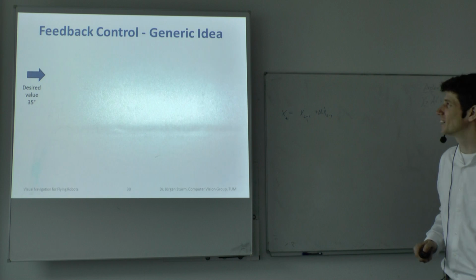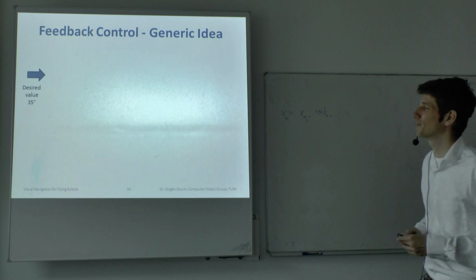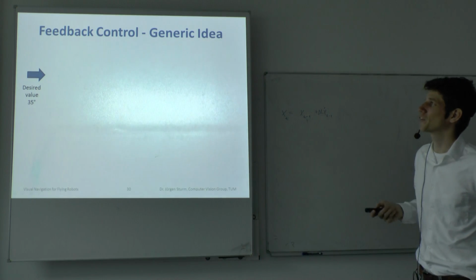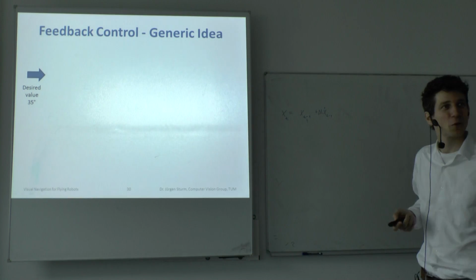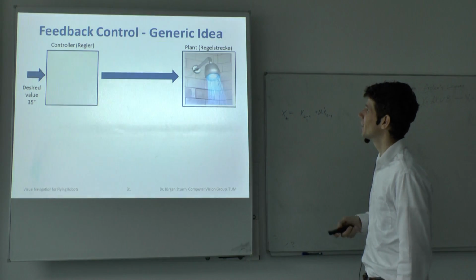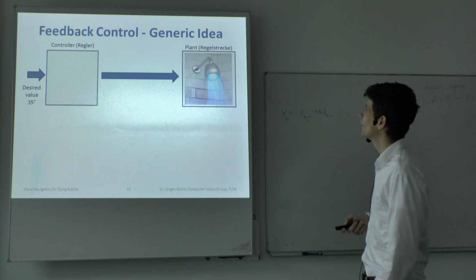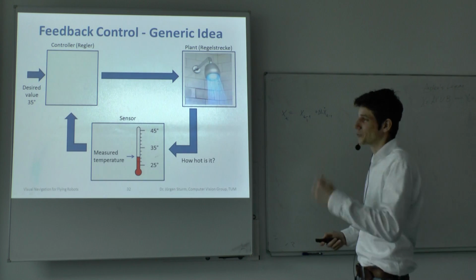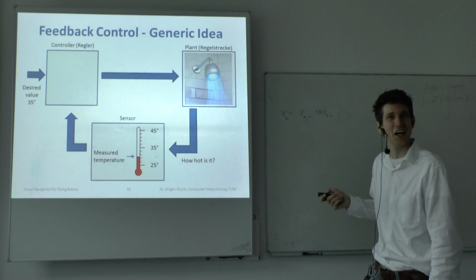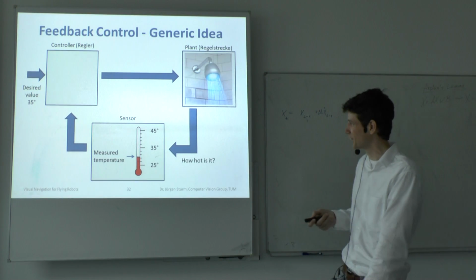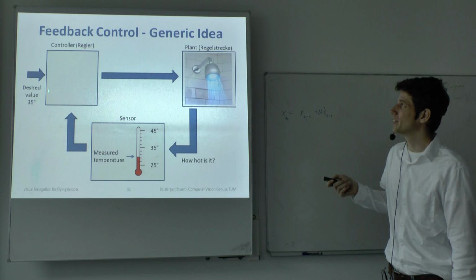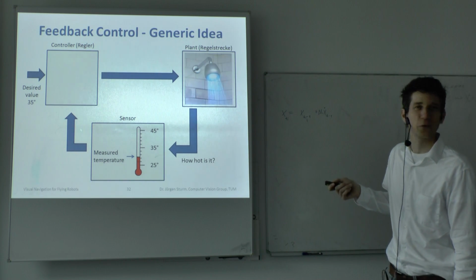To give you an intuitive understanding of what this means, imagine, for example, in the morning you're standing under the shower and you desire a water temperature of 35 degrees, so you switch on the shower, water starts running, and then you start measuring it by standing below it, and then you realize that it's actually not at its desired temperature, but much lower. This is now the measurement that we get in, and then you can compare these two.